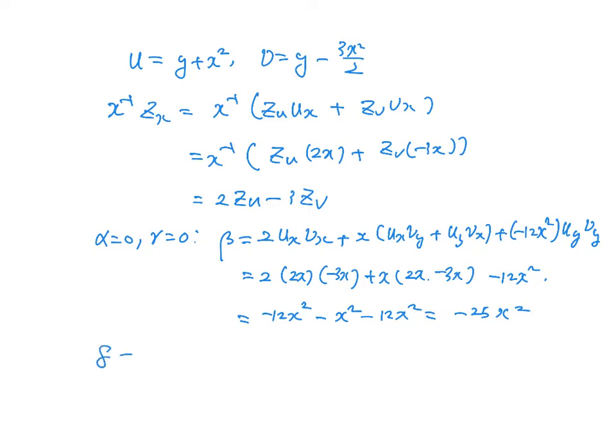Delta is a u_xx plus b u_xy plus c u_yy. Obviously, if we differentiate u twice by y, it's 0, so a is 1. So u_xx is 2. And if we differentiate by x and by y, it's again 0.